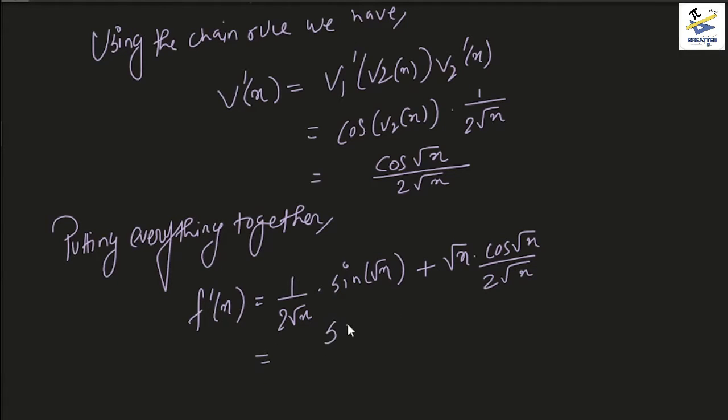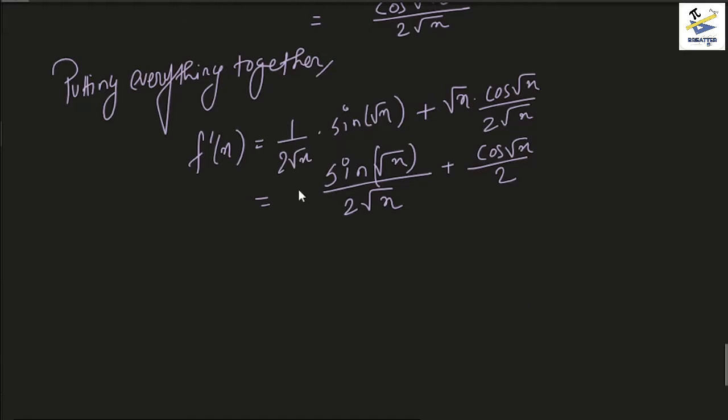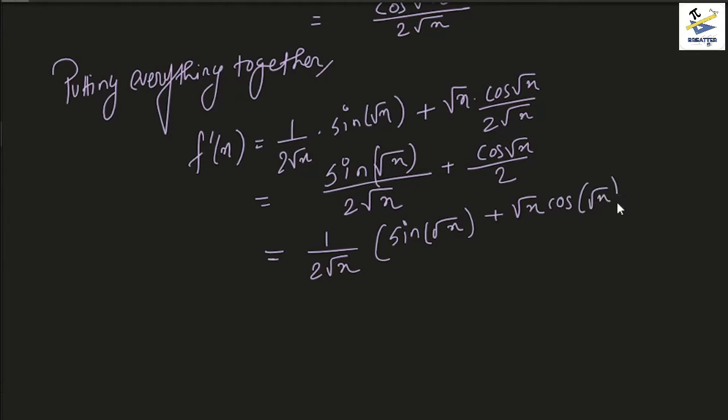This gives us sine of root x by 2 root x plus cos of root x by 2. So we can just simplify it and do the LCM to write this as 1 by 2 root x into (sine of root x plus root x cos of root x), which is the answer to this problem.